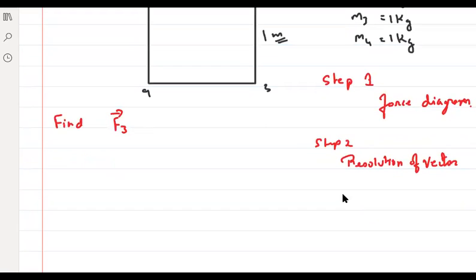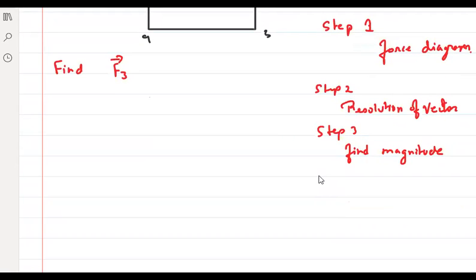Step three, formula putting, find the magnitude of forces. Step four is your calculation. Okay, simple four steps. Try to follow this. I'm giving you 2 minutes, everyone.